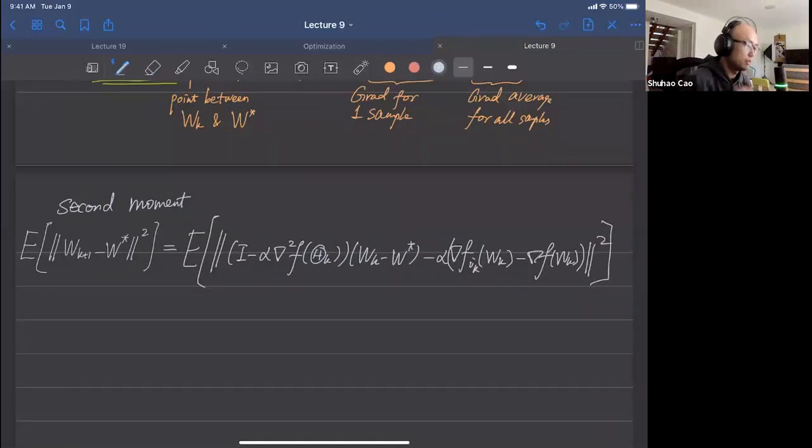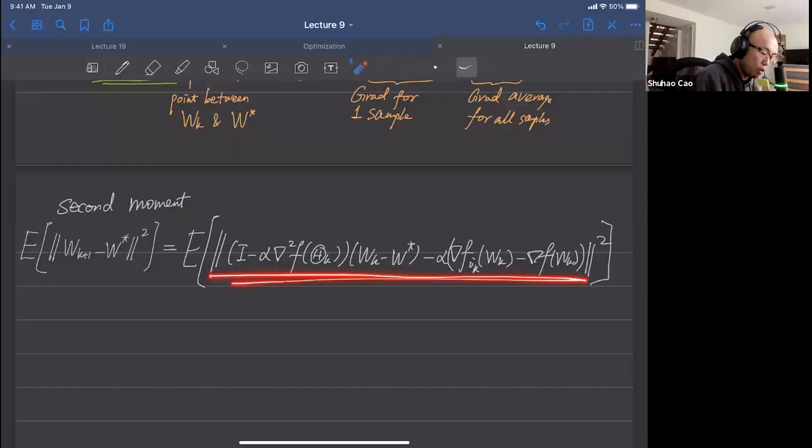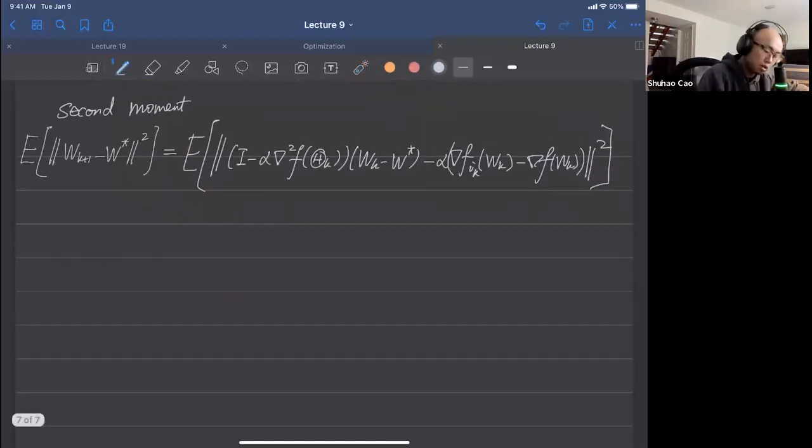But let's just say we adopt this methodology, and then we have the norm square of two vectors or two tensors. So here we apply the Euro formula.